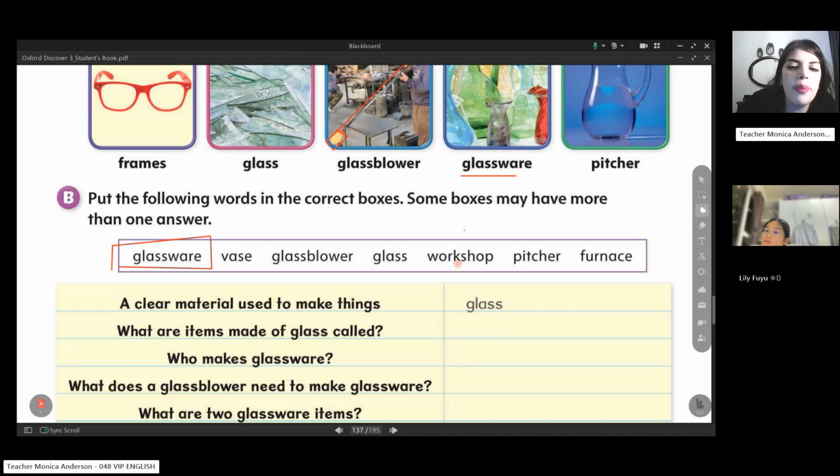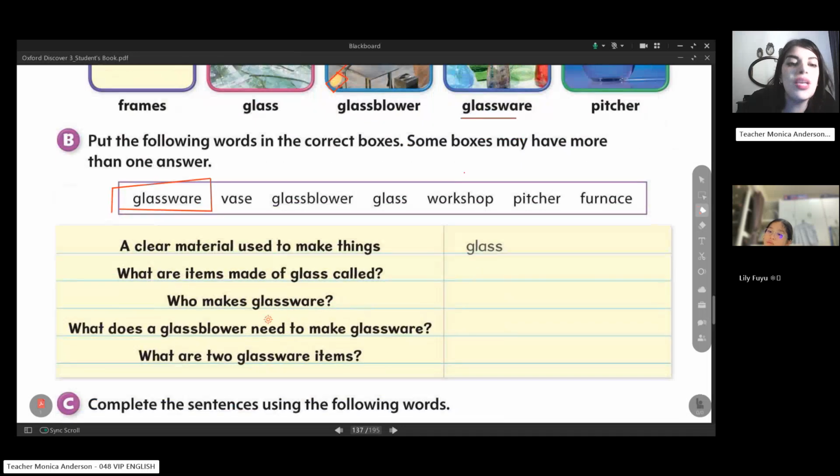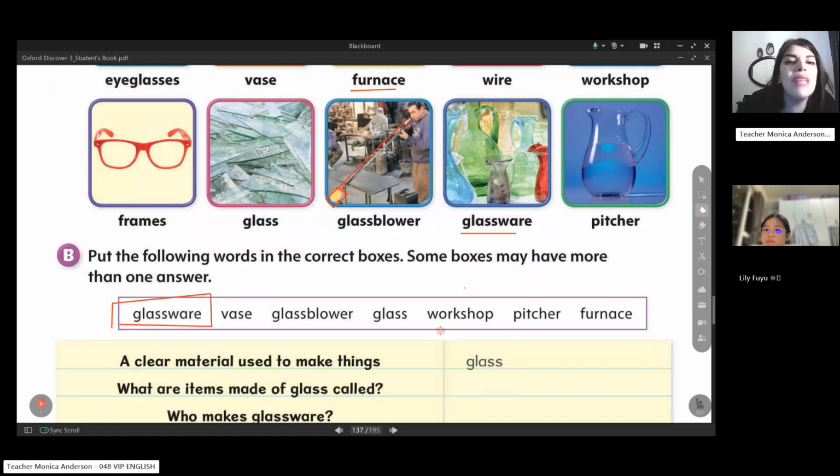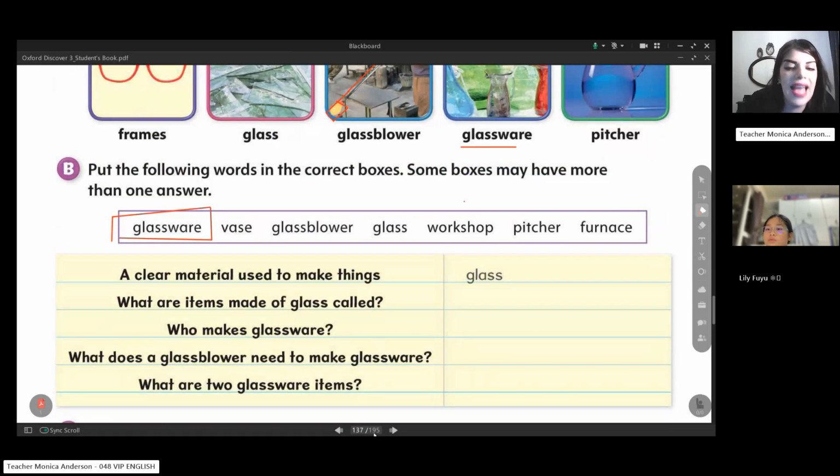So a workshop, that is a room, a place. They need a room, and of course they need some machines. And what is a glass blower? And what are two glassware items? Pitcher and vase, of course.